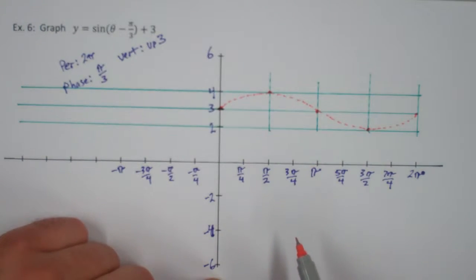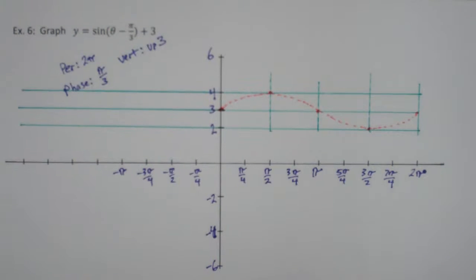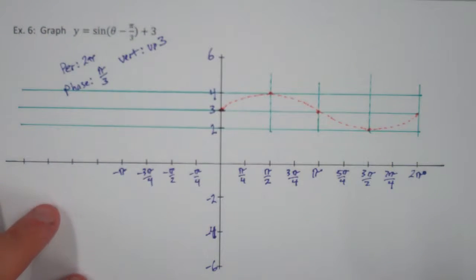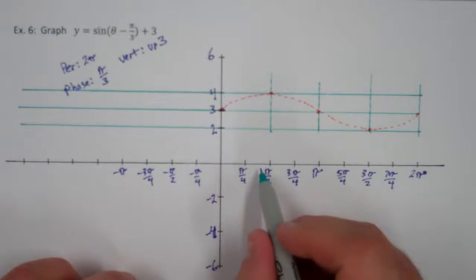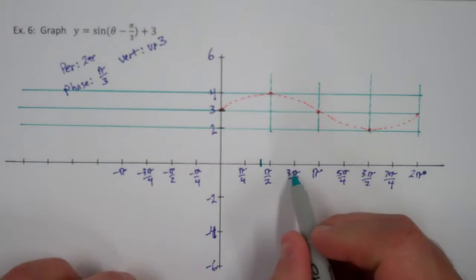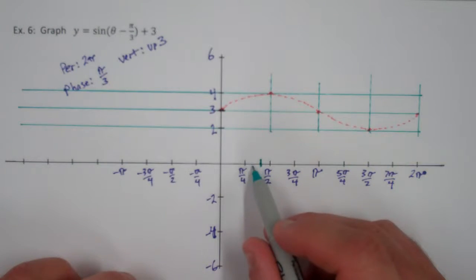This next part is pretty tricky. We have to figure out where pi over 3 is, and then we're going to shift all those points over. So if we look at the x-axis, if this distance is pi, then 1/3 of that is maybe right here. And then we could draw another one, and maybe that should be a little closer to pi over 4.